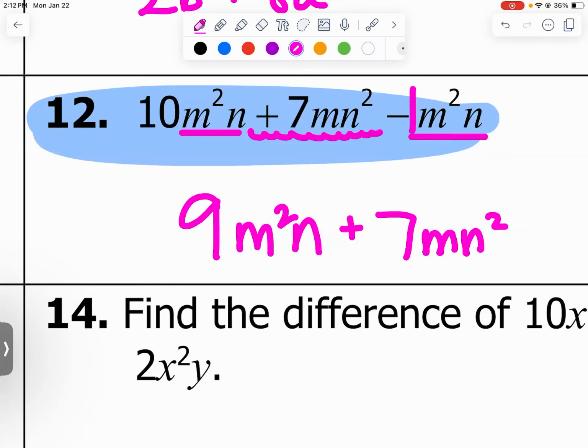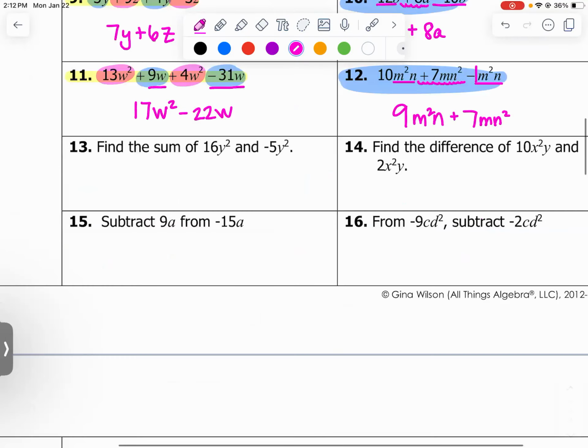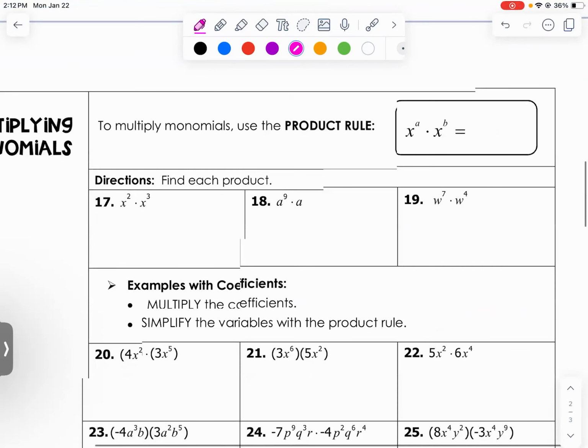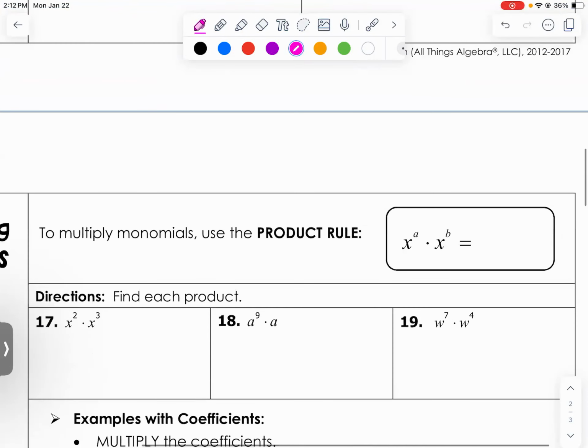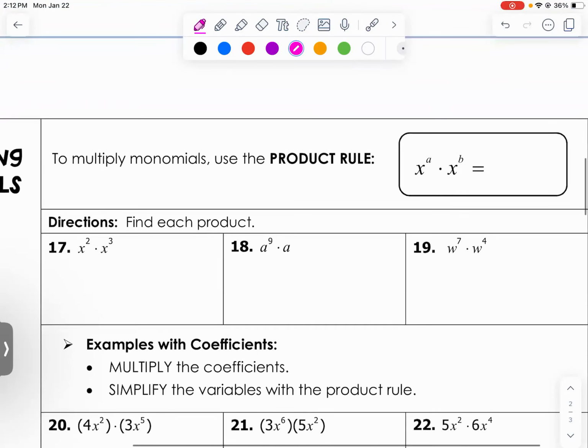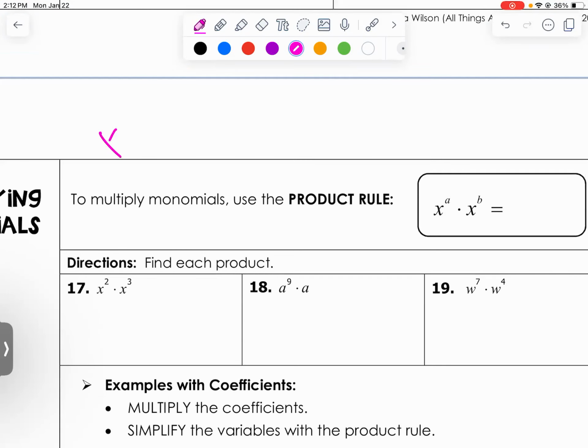All right, turn to page 2. Okay, so I'm going to tell you that x to the 4th times x squared is x to the 8th.